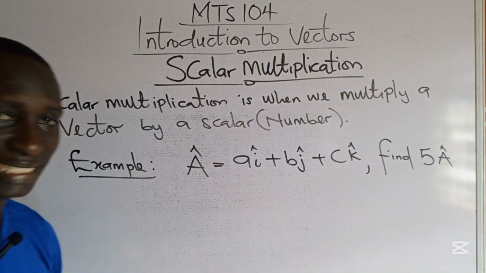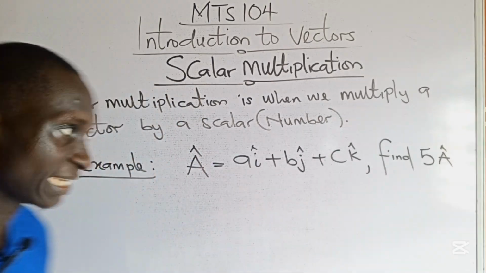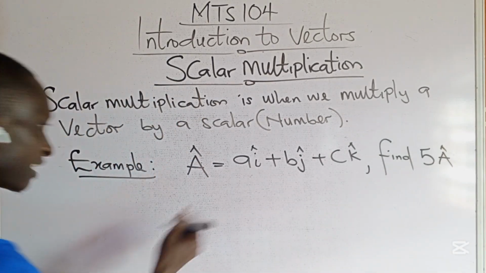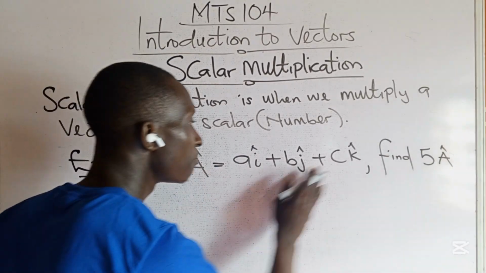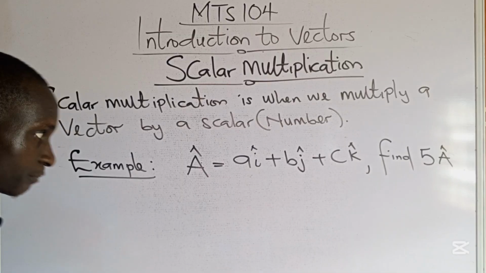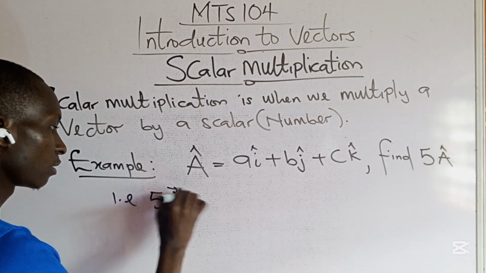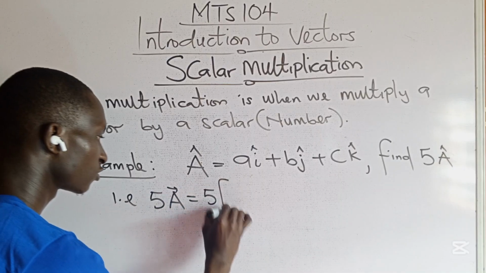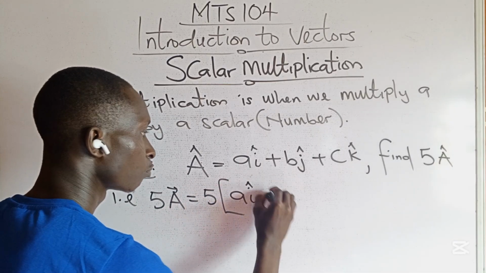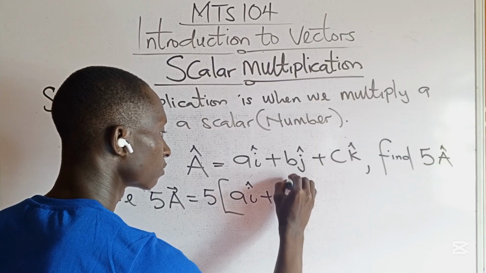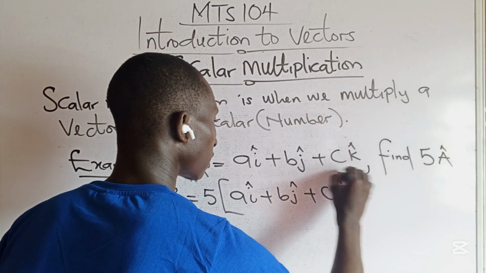You will notice that a number is multiplying vector A. That simply means we are to multiply each component by the scalar 5. That is 5 into the bracket of vector A, which is aI plus bJ plus cK.